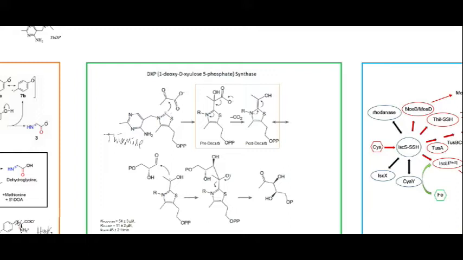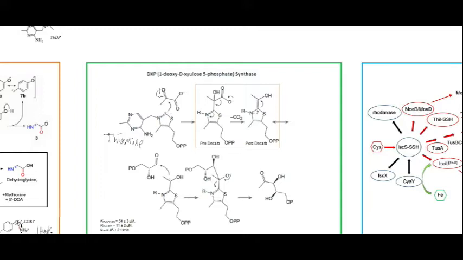So this attacks this, the electrons move up to this oxygen here, so we end up with a hydroxyl there. And so we have this covalent intermediate, but then the electrons on this carboxyl group here go down, and the electrons on this bond break off and go down to form a double bond here. The electrons in this double bond move onto this nitrogen here. So we end up with this intermediate after this decarboxylation step. So we are losing this CO2.